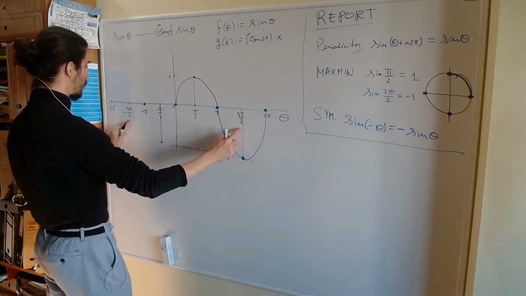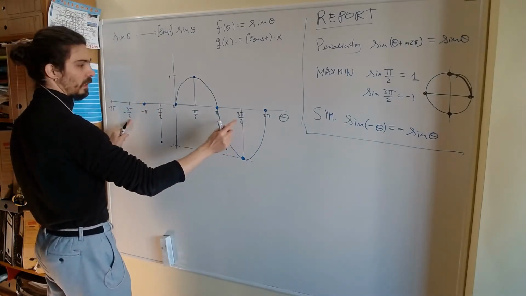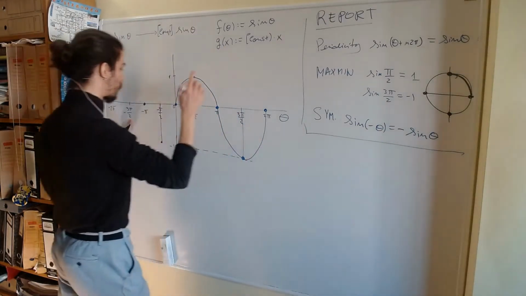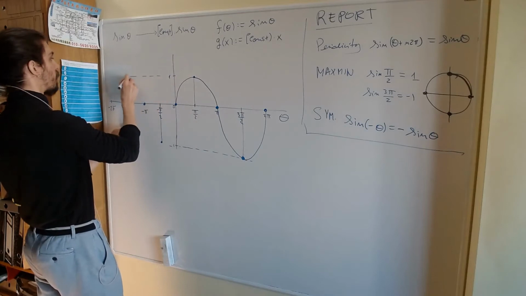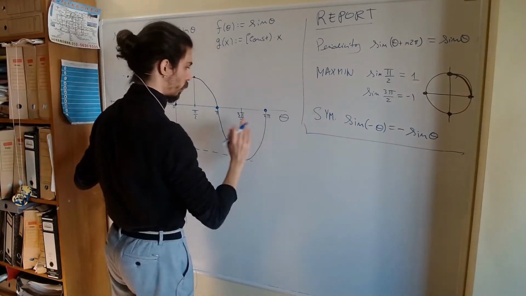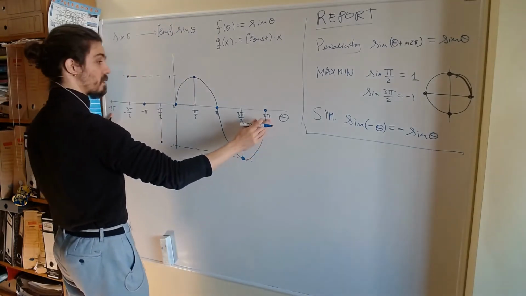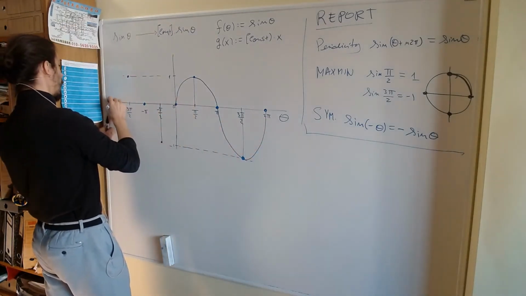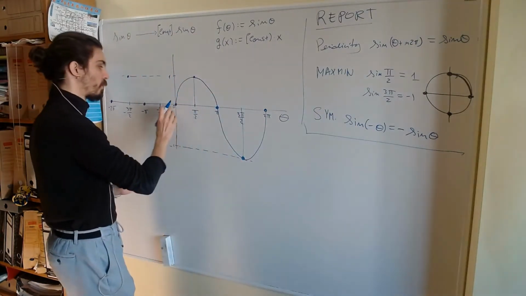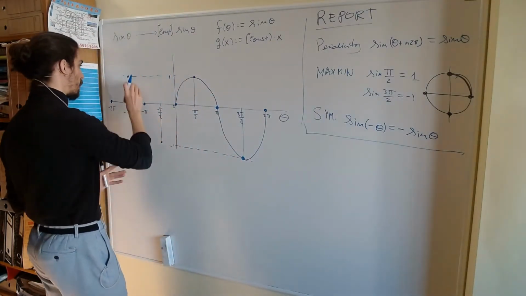We proceed. The sine of this point is minus the sine of this point. So this height is negative, times minus 1 becomes positive, so this is 1. Here it is. Finally, we start with minus 2 pi, which is 0, so this is 0 again. And now we use this property again to fill in the intermediate points here, here, here, and here.